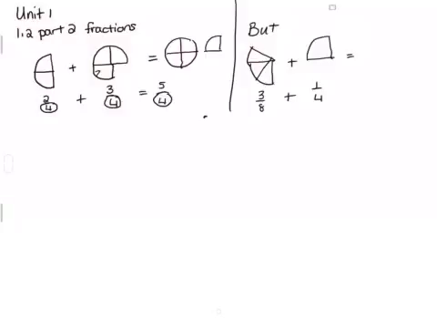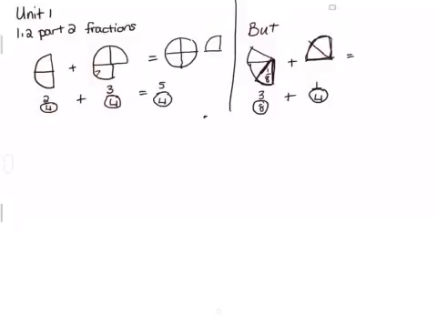Because the denominators are different, it means the sizes of the slices are different. So I can't just add them and say I've got 4 slices, because what size do I have? So let's be clever and say, right, these slices, each of them is 1/8 in size. This one is 1/4.